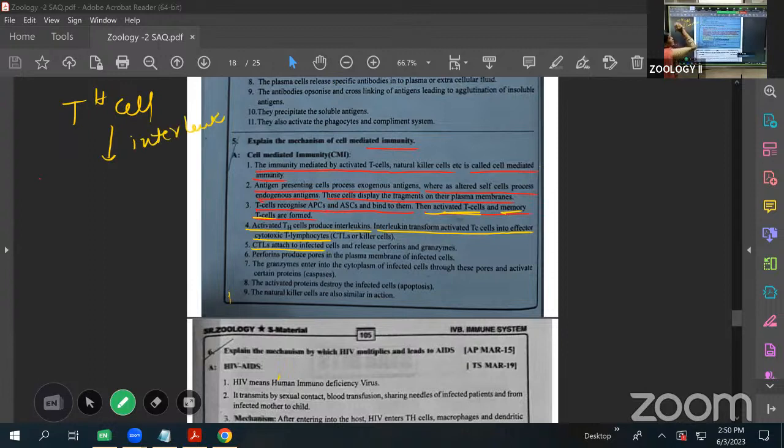With the help of the interleukins, they are formed as CTL. CTL means cytotoxic T lymphocytes, or killer cells. These killer cells attach to the infected cell.